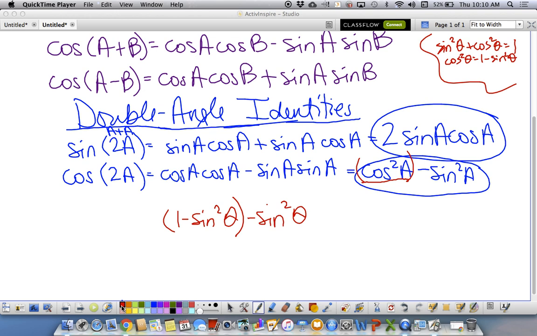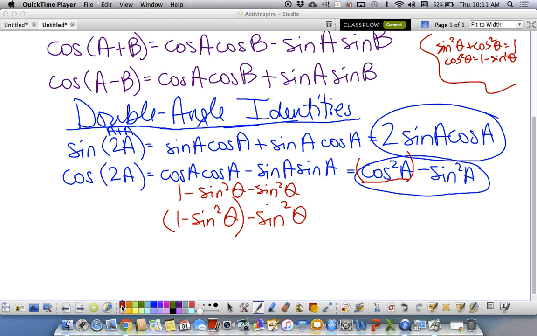Did we multiply? No, we are not multiplying. You get negative 2x squared: 1 minus sine squared theta minus sine squared theta. When you pull the parentheses, that's what you get.